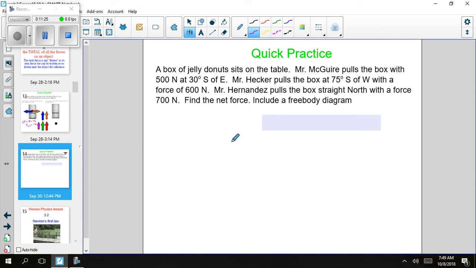Alright, for the interest of time, because I've been talking for a long time, I'm going to make this go quick. So this is like we've done in previous sections. We'll call this A, Mr. McGuire, 500 newtons at 30 degrees south of east.